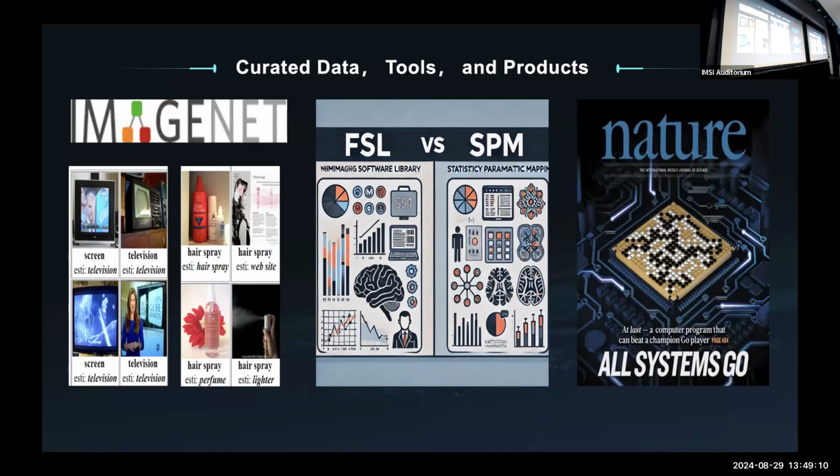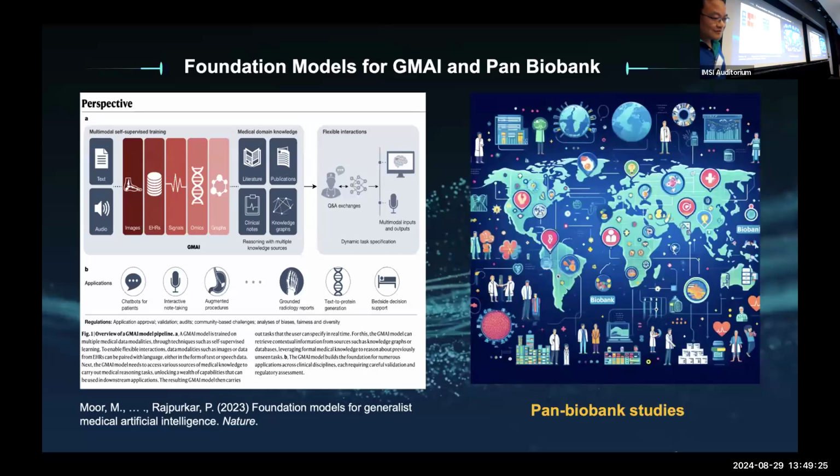That's important. Another thing is that these days we emphasize products. It's not just about tools and data sets. Essentially, you want to deliver translations. Personally, I really want to do that. There's a review paper called Foundation Model for Generalist Medical Artificial Intelligence.